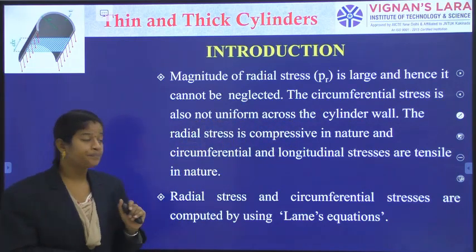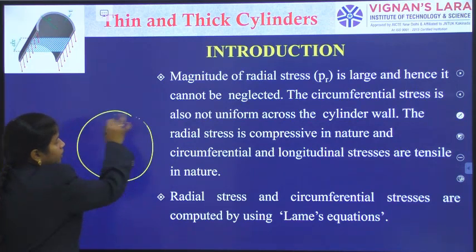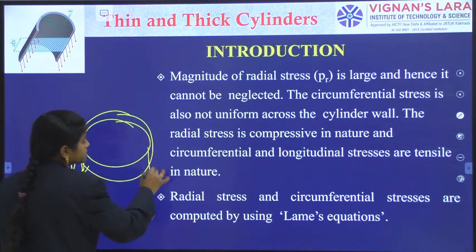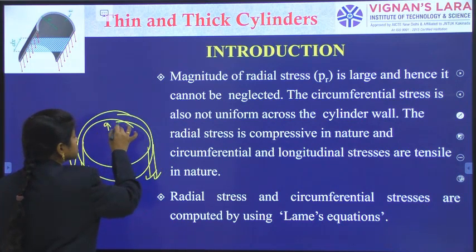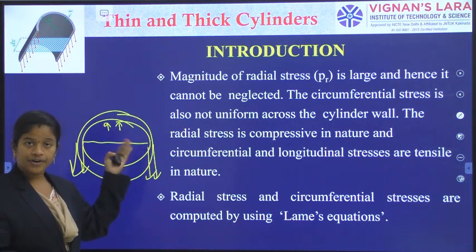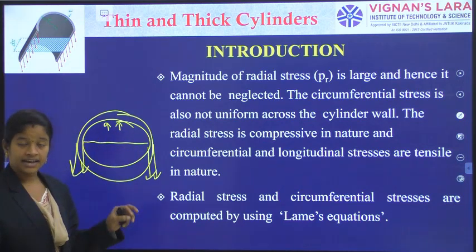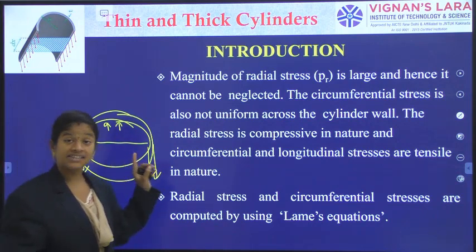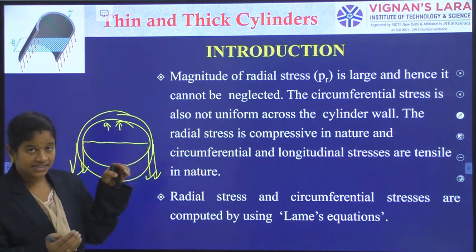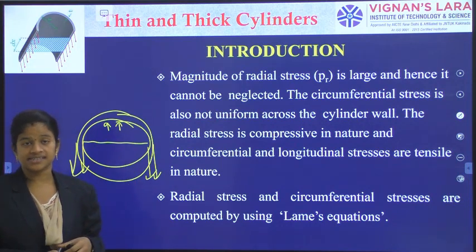As I said previously, the fluid pressure is acting in the upward direction, and the circumferential stress acts in the tangential direction, in a resisting nature, as the fluid is trying to burst the cylinder.